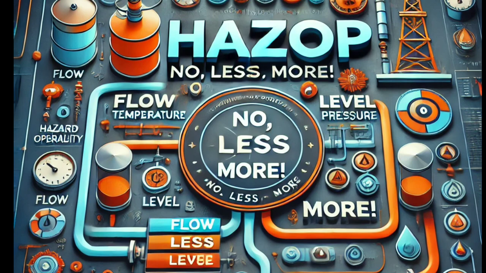They help identify deviations by systematically applying, for example, no, more, or reverse to parameters. By using guide words effectively, you can uncover hidden risks and make your process safer.